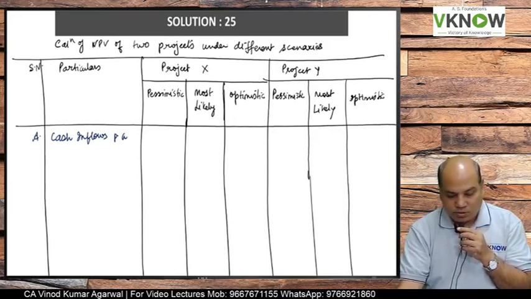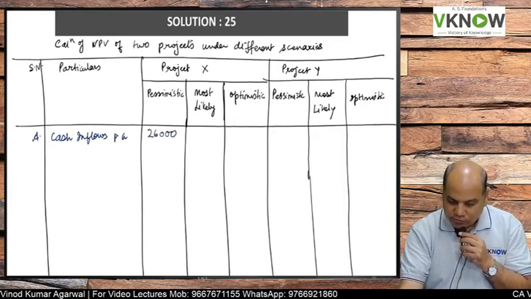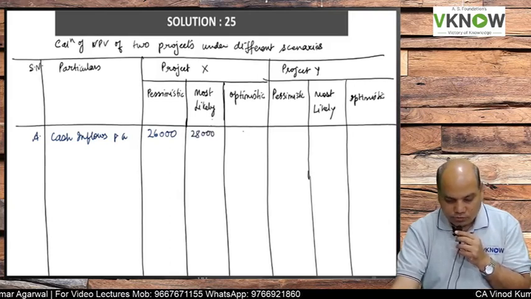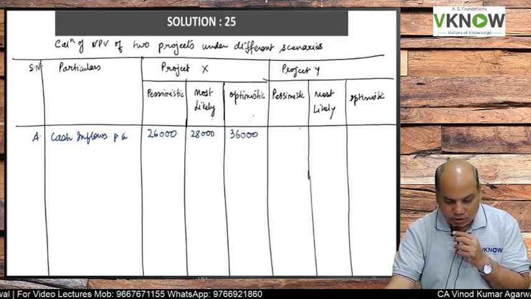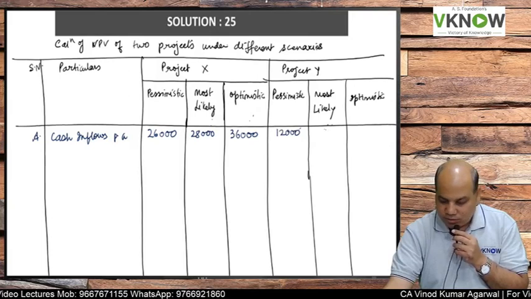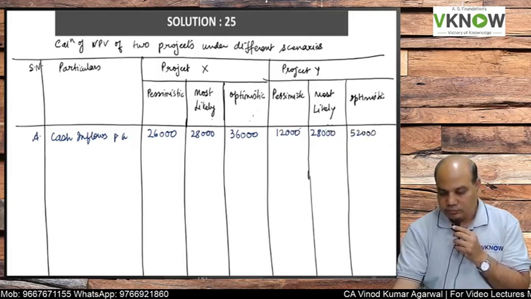Project X pessimistic 26,000. Project X most likely. Project X optimistic. Project Y pessimistic. Project Y most likely. Project Y optimistic. Is it right? Easy to understand?